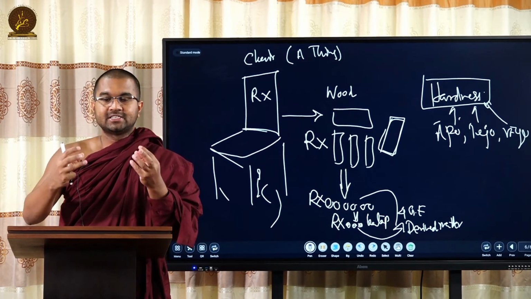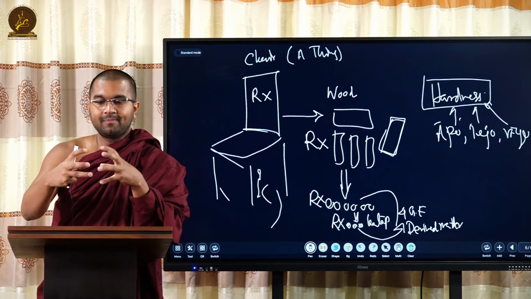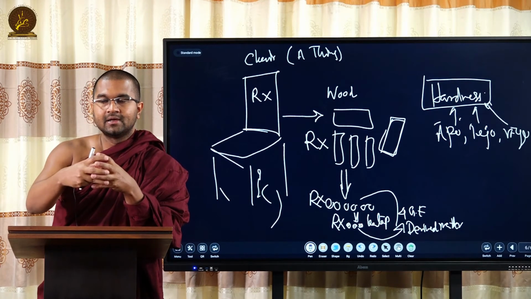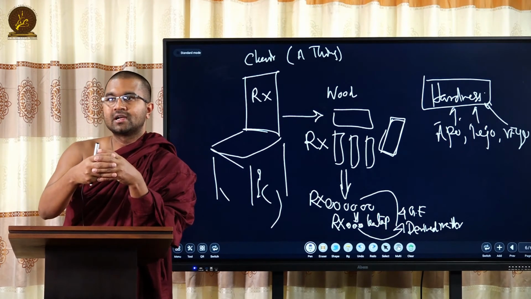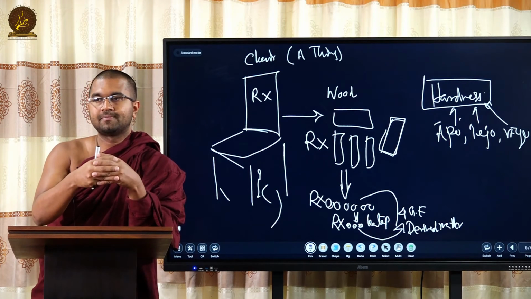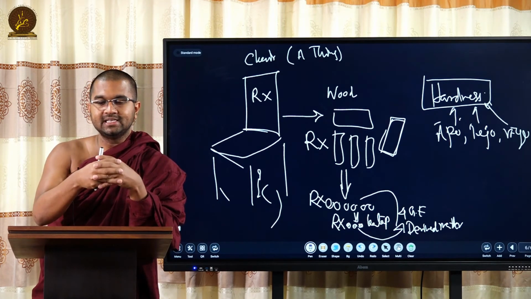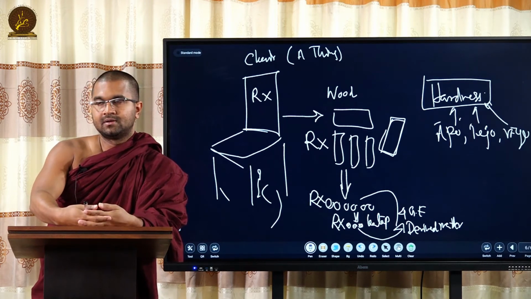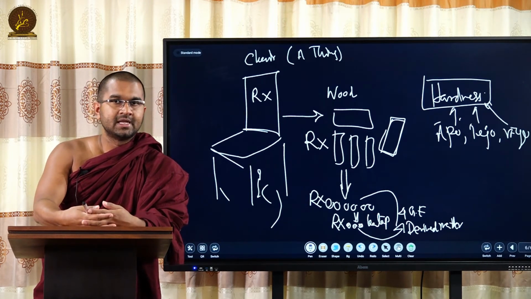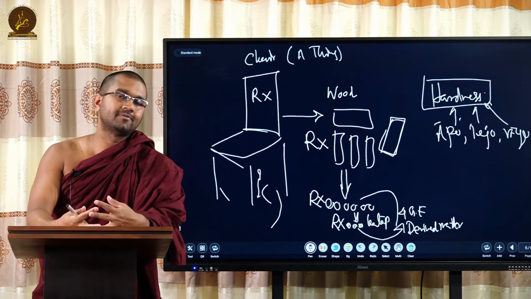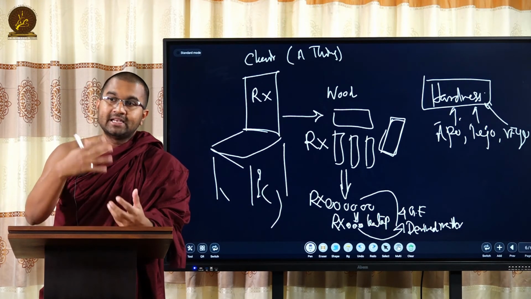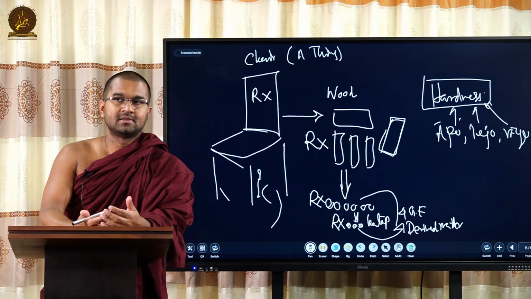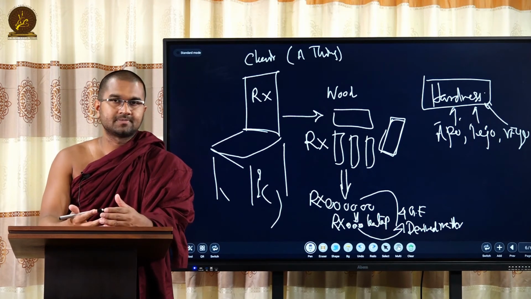It's not like when the Rupas are existing, that combination, how they exist, is called a chair. But hardness is a quality by itself. It's a quality by itself. But it cannot come into existence without some other qualities.